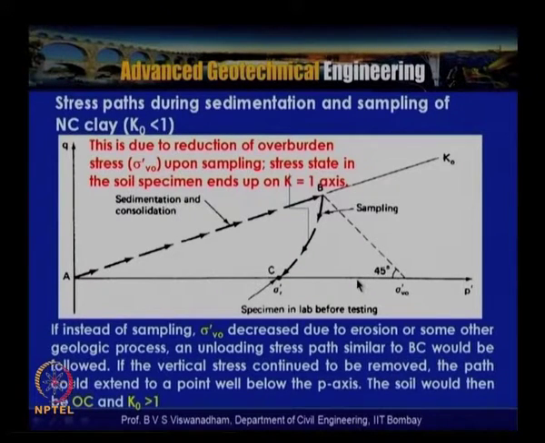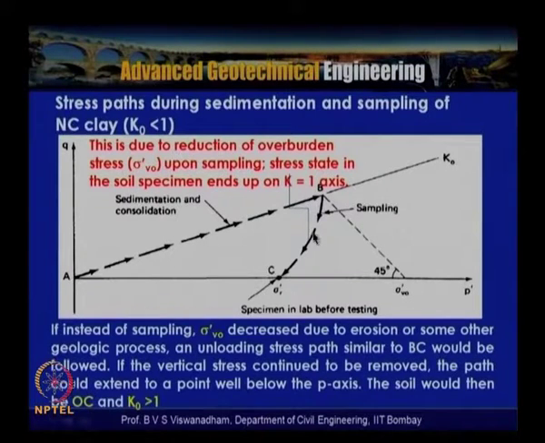Instead of sampling, sigma v naught may decrease due to erosion. Let us assume that the overburden stress is relieved because of a continuous erosion process or some other geologic process. Then an unloading stress path similar to BC would be followed.